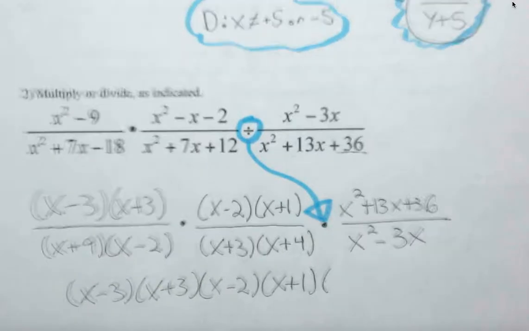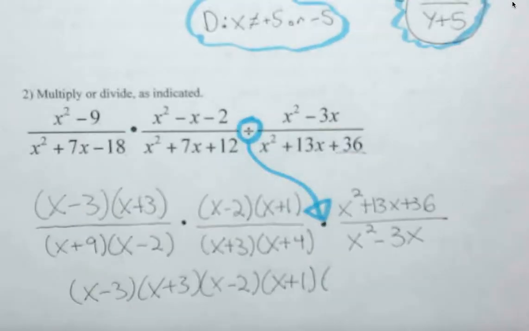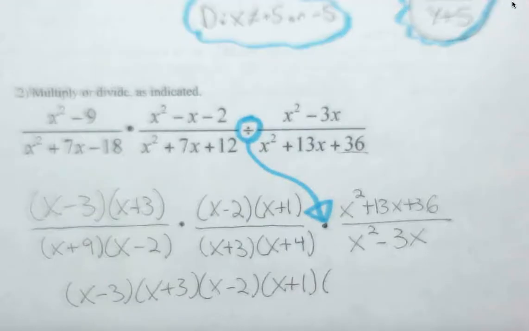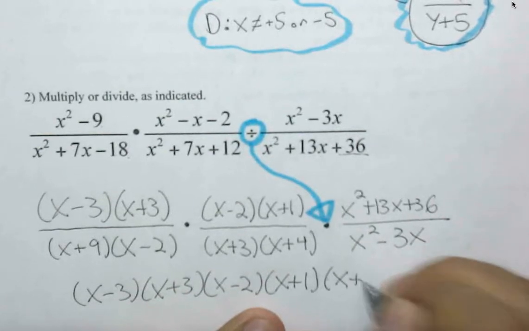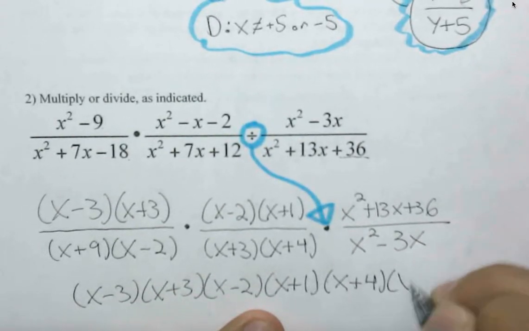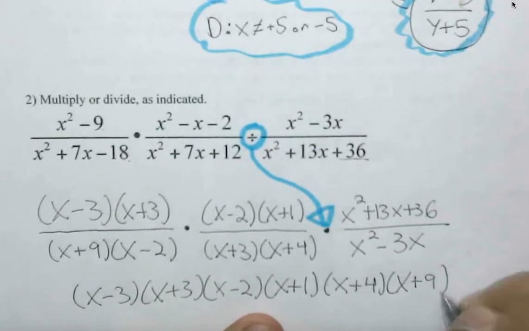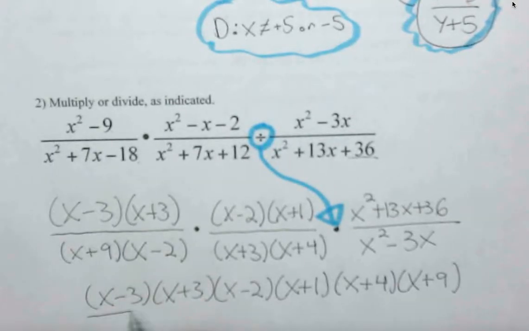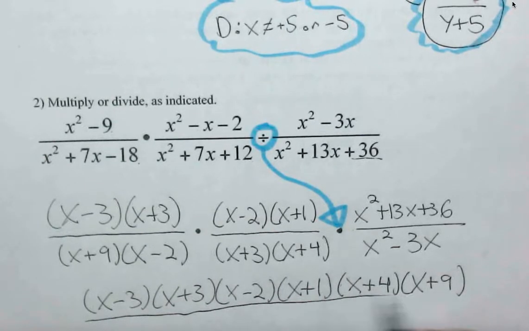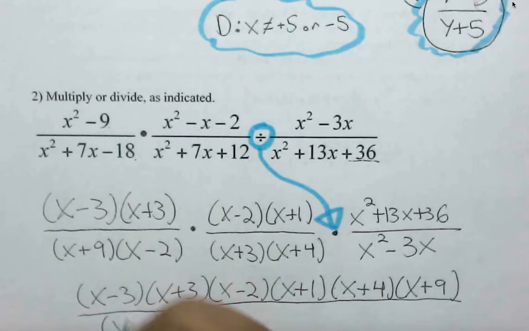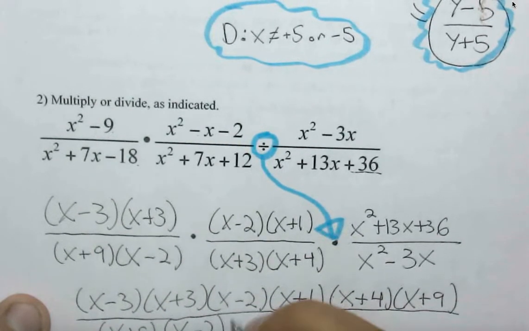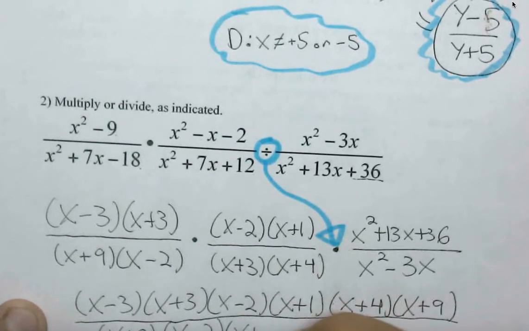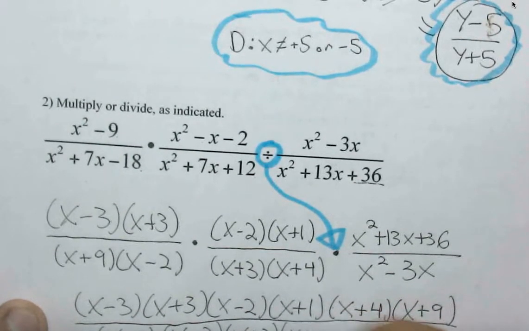I know that this is divisible by 4 and 9, and 2 and 18. I'm going to go with 4 and 9. Of course, if you have any questions on how this is factored, please let me know in class or shoot me an email. We have the denominator, x plus 9, x minus 2, x plus 3, x plus 4.